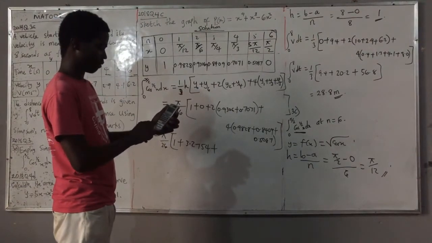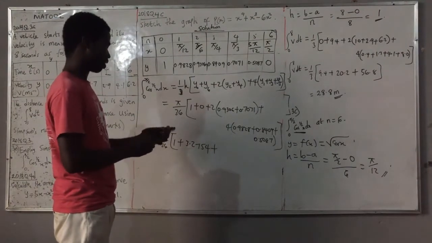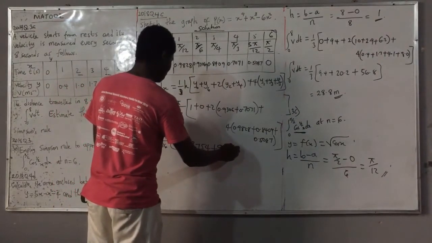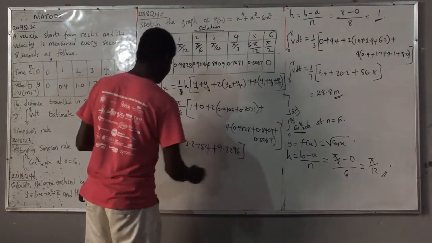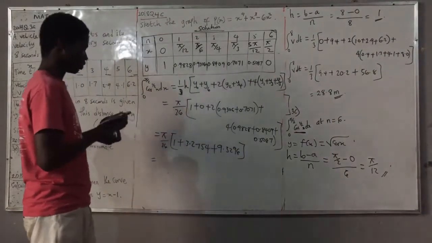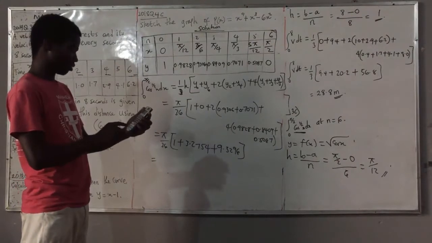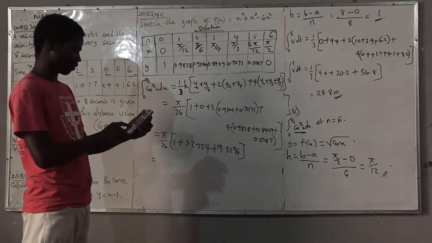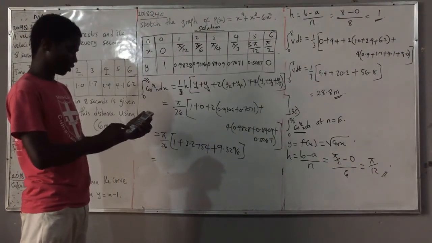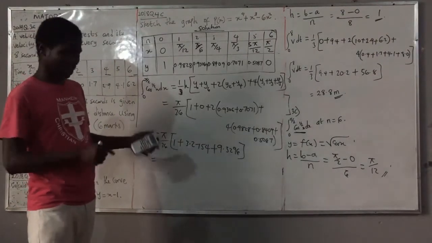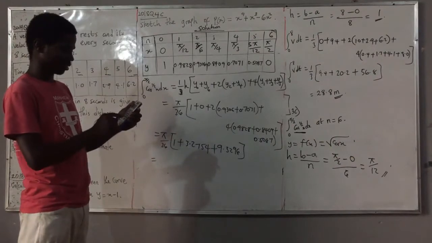So multiply by 4. The answer is 9.3296. Now add all these together: 1 plus 3.2754 plus 9.3296. So I get an answer divided by 36.